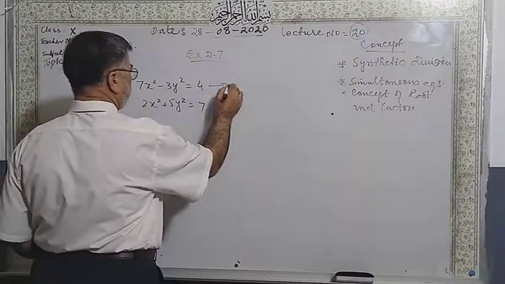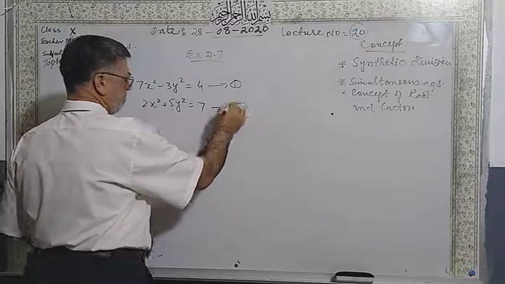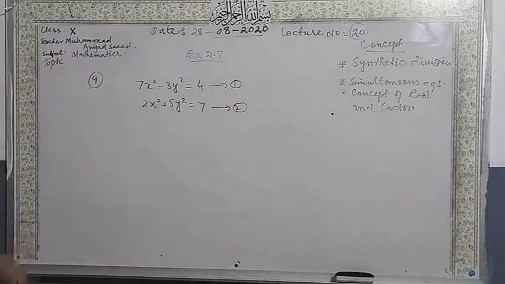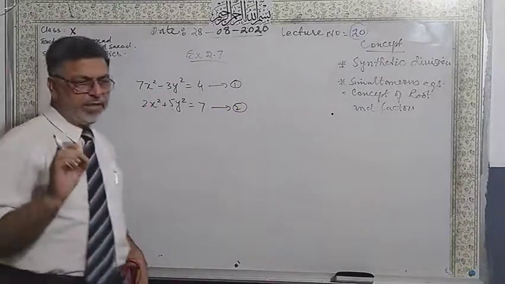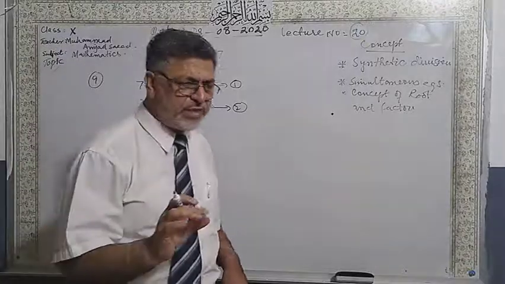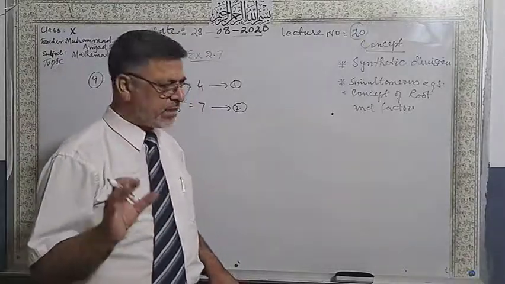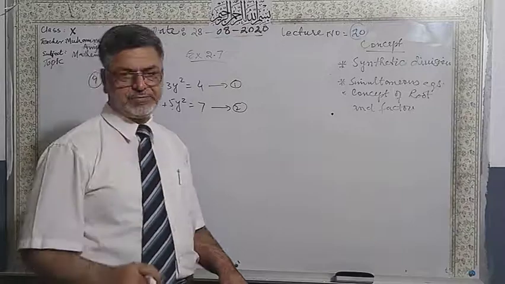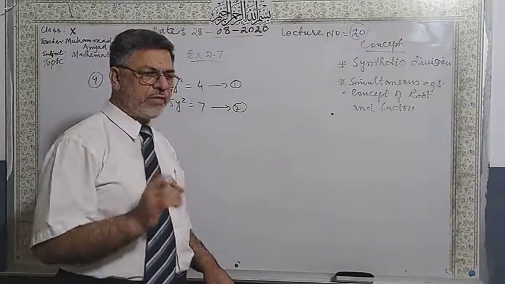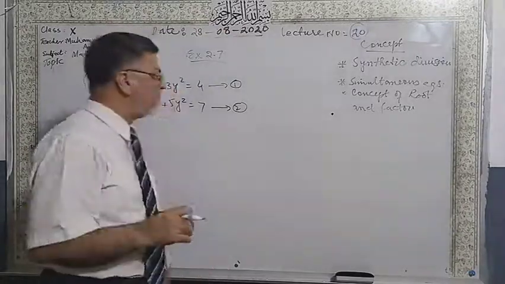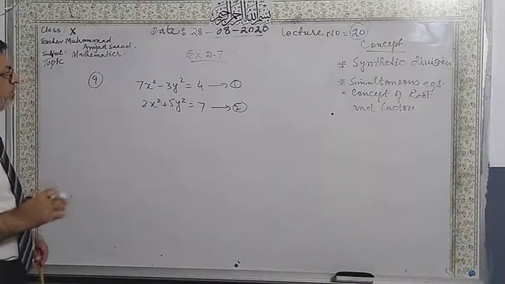This is equation number 1 and this is 2. Now you have to make the coefficients of any x or y equal by multiplying a suitable number.